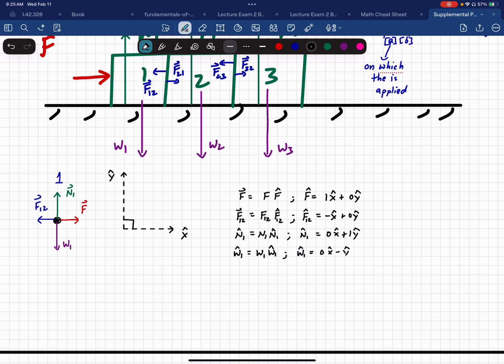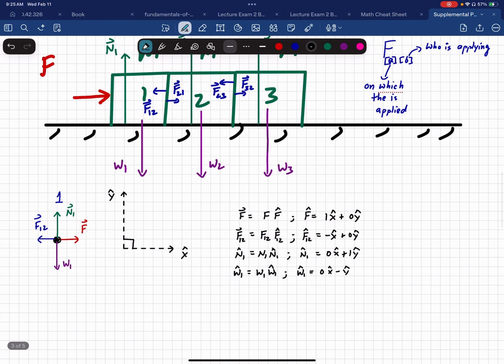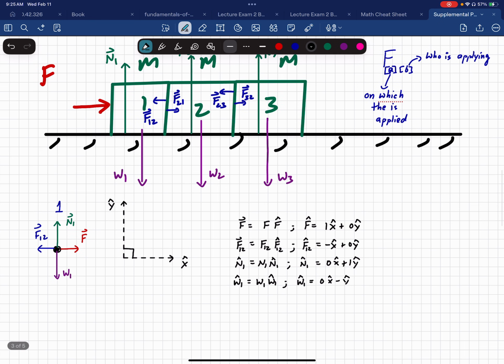Okay, so there's one more subtle thing that you need to understand. So let me just write down all the forces here. We understand from Newton's third law that the magnitude of the contact forces are the same.